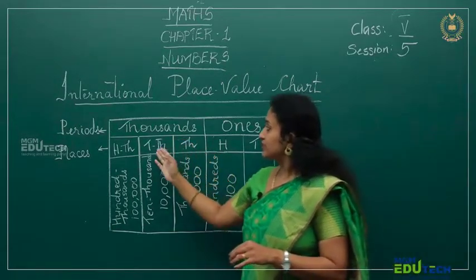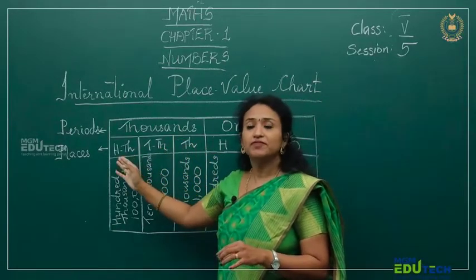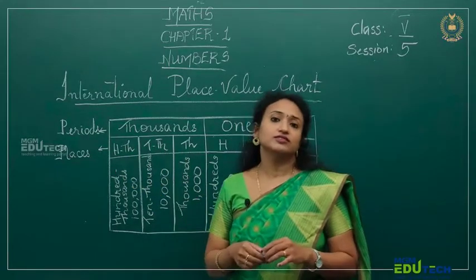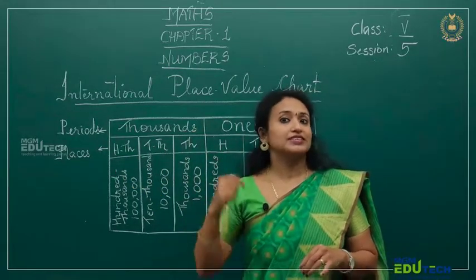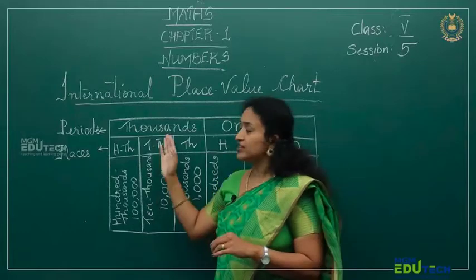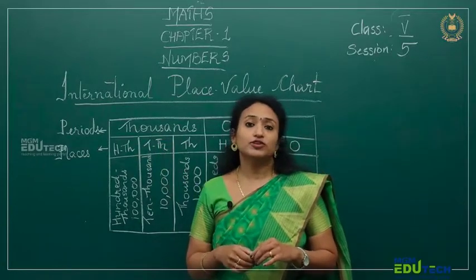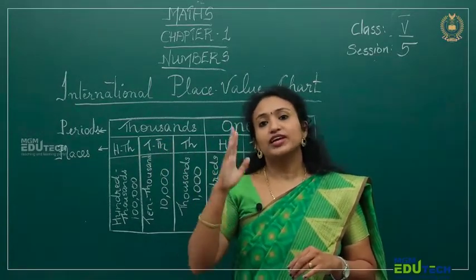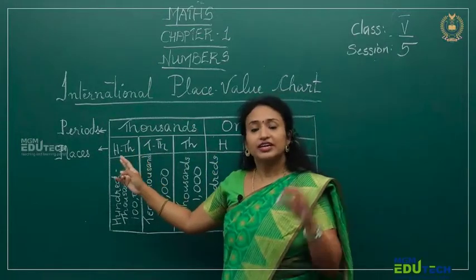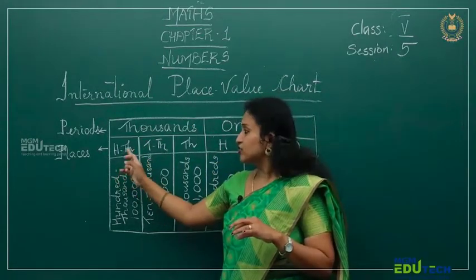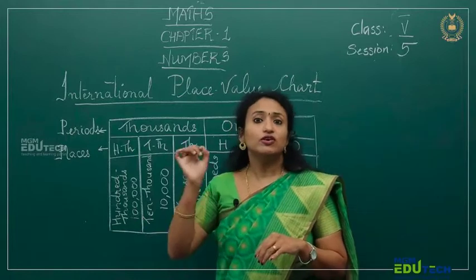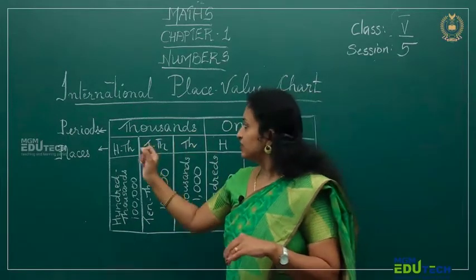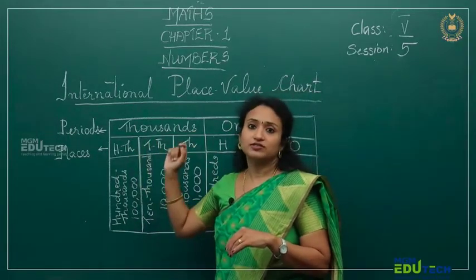But after 10,000, what do we see here? We see 100,000. And what was the place in the Indian place value system after the 10,000? Yes, it was lakh. So there comes the difference. Correct? In the Indian place value chart, instead of 100,000, you saw lakh. But here it is 100,000.